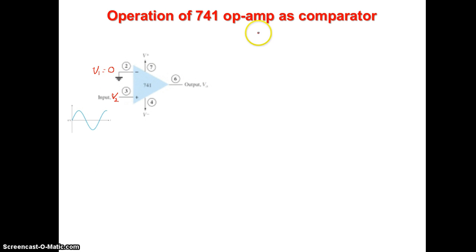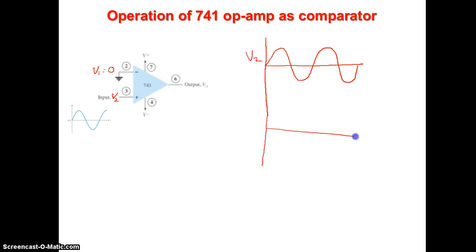I'll just draw the input here. This is my input, V2, and just think that this is the reference voltage, which is equal to 0. Now we are going to compare these two voltages, one is 0 and the other is a sinusoidal signal.